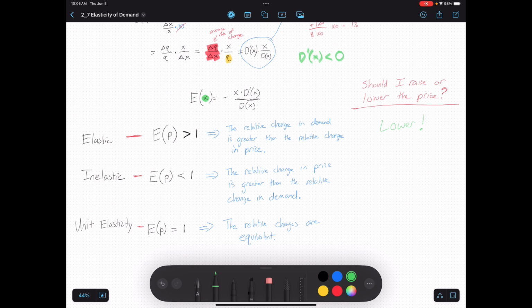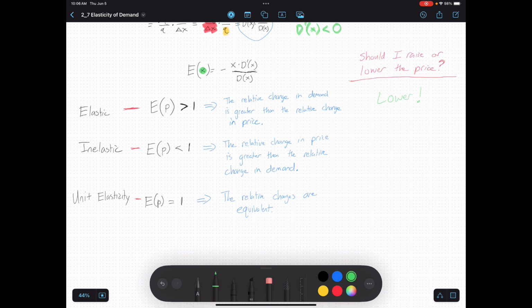But now let's look at the next situation. What if the price is inelastic? I try out a price and my elasticity is less than 1. This tells me that the relative change in price is bigger than the relative change in demand. That means if I change the price, it's going to have a smaller effect on the demand, which means if I increase the price by a significant amount, it's only going to decrease the demand by a small amount because the relative change in price is greater than the relative change in demand.